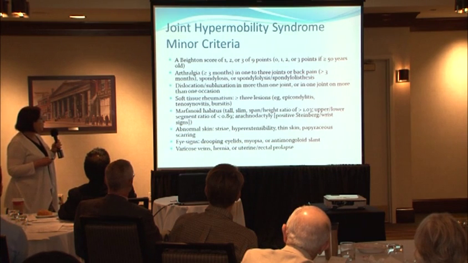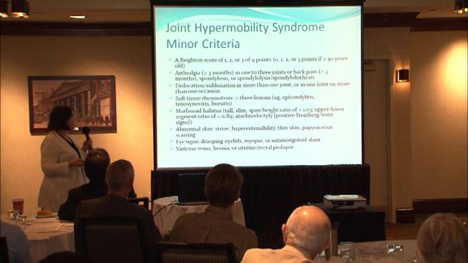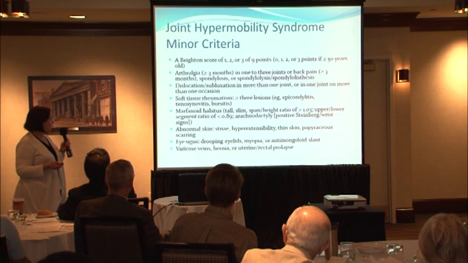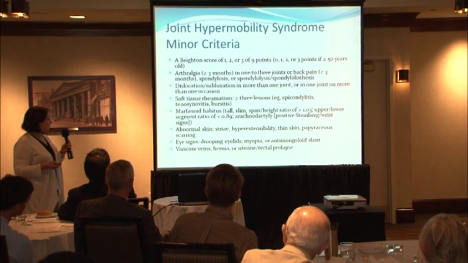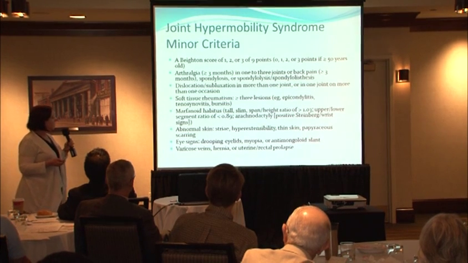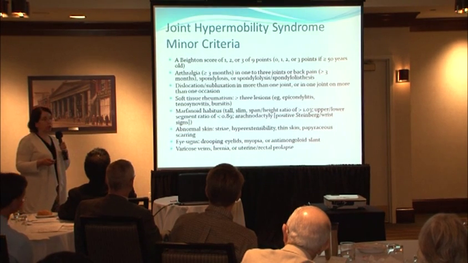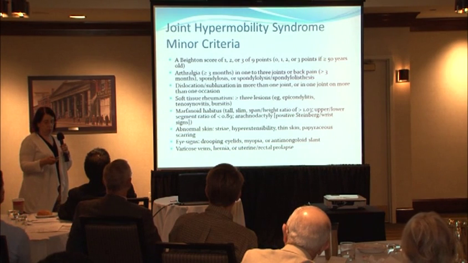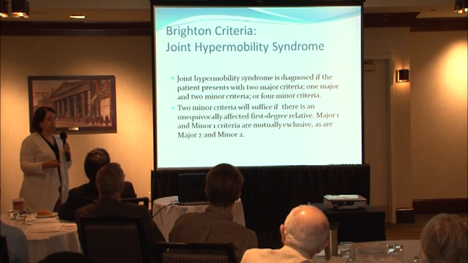Marfanoid habitus, skin findings, which would include stretch marks, hyperextensibility, very thin skin, or atrophic scarring. Drooping eyelids, myopia, antimongoloid slant in the eyes, and varicose veins, hernia, or uterine or rectal prolapse.